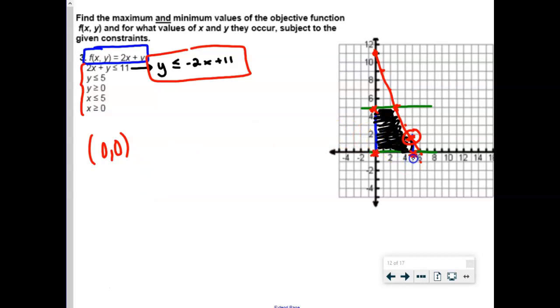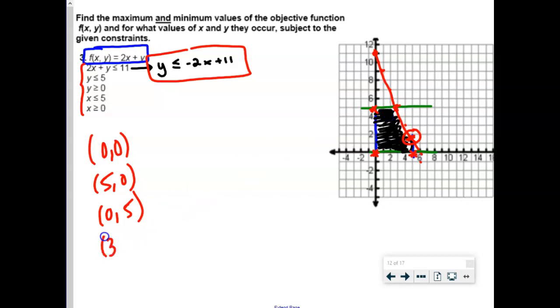I believe this one, you know what, guys? I can't really read what I have anymore. Is this at 5, 0? Okay. Did a little too much scribbling. All right, this one's at 0, 5. I think this one's at 3, 5. Can you confirm that for me? Your picture looks way better than mine.